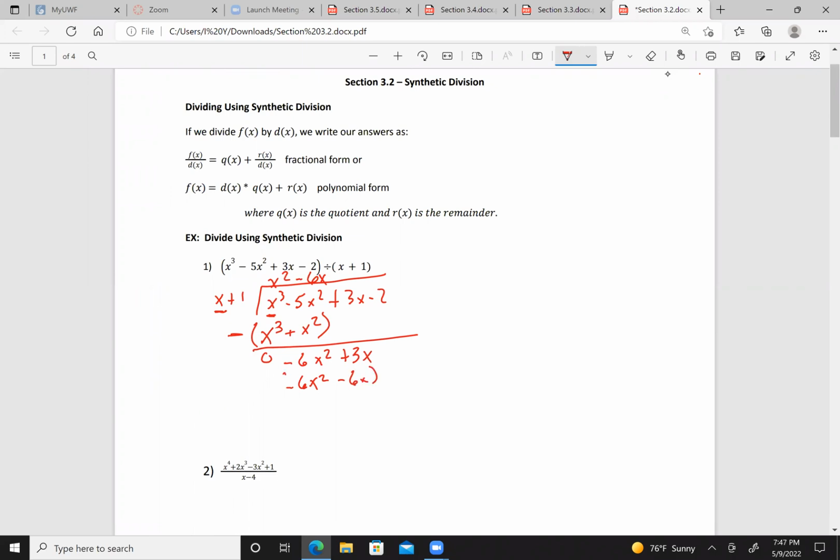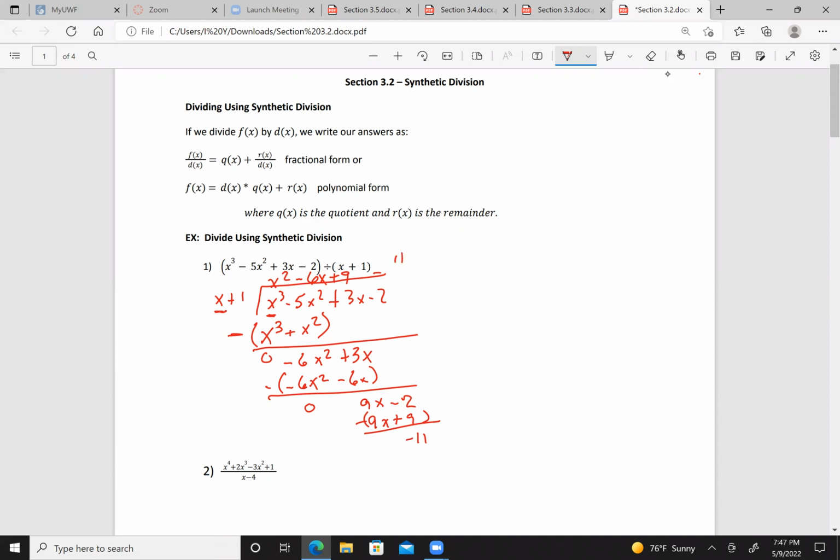And again, I'm subtracting the whole thing. So here I get 0. Here I get 9x, and I bring down this negative 2. Now 9 times x will give me 9x, so I have 9x plus 9. Again, subtract this, and I get minus 11. So my remainder is minus 11.